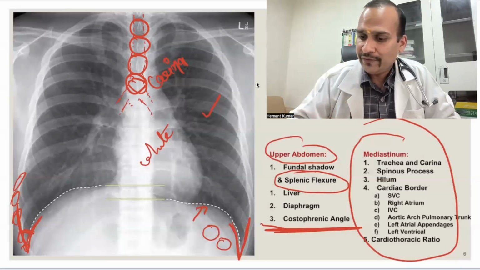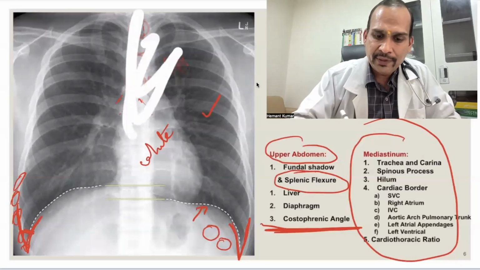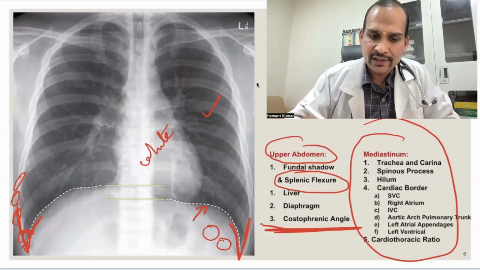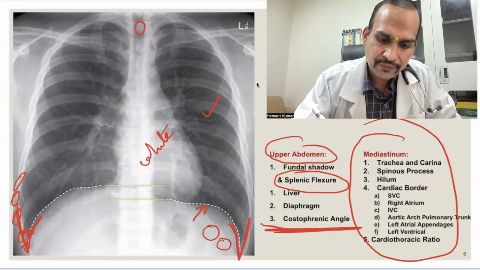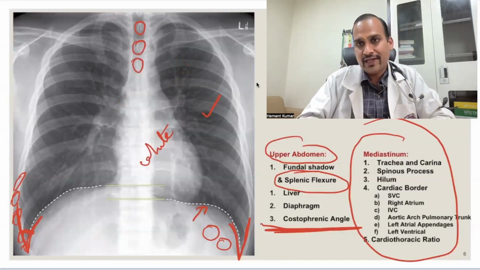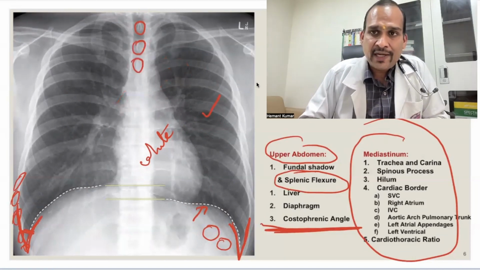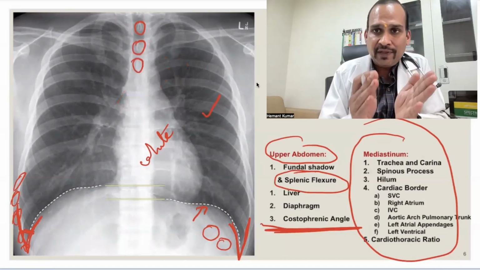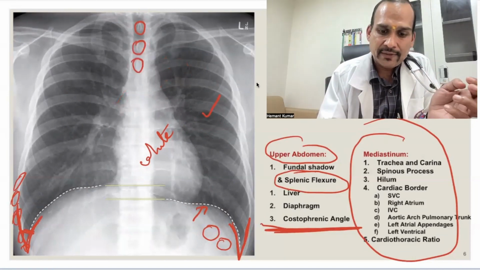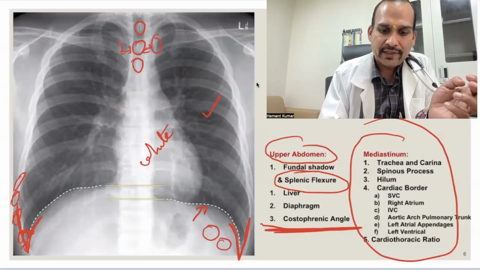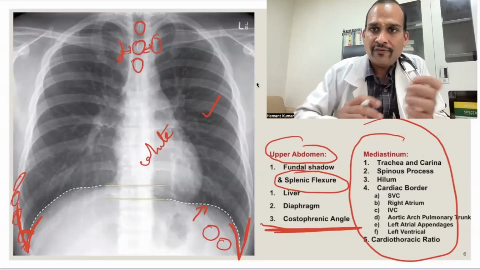Okay. So in between the vertebrae, there is a small white colored shadow. Can you see? This is a shadow. What is this? This is the spinous process. As I told you, the distance between the medial end of the clavicle and the spinous process should be equal on both sides. Why?